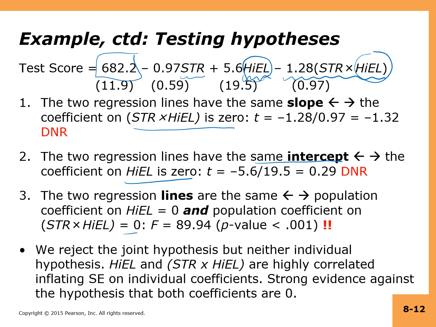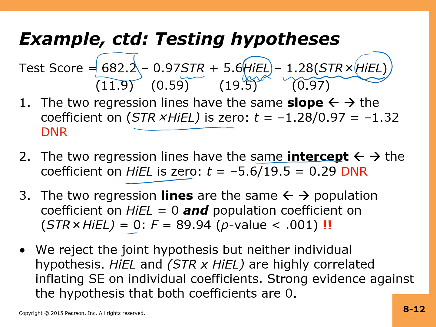And when you calculate the F statistic, it shows that we actually do need to reject the null, concluding that at least one of the coefficients, whether it's high EL or the interaction term, is not equal to 0.